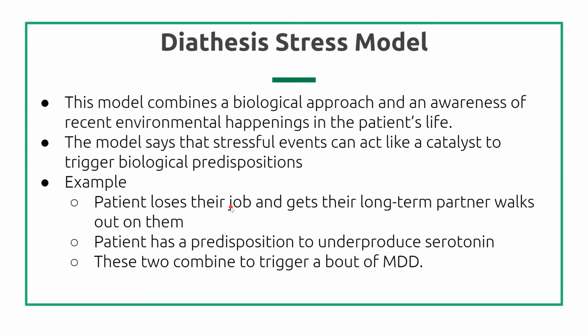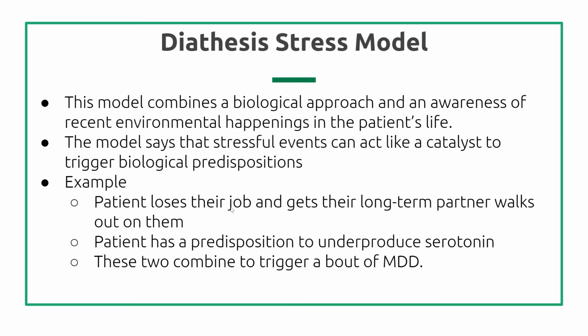And our last one, this one's new, but the mechanisms, the building blocks, are not new for it. So this model combines a biological approach and an awareness of recent environmental happenings. So it says that stressful events can act like a catalyst to trigger biological predispositions. So an example here would be that a patient loses their job, and maybe they lose their job and their long-term partner walks out on them.